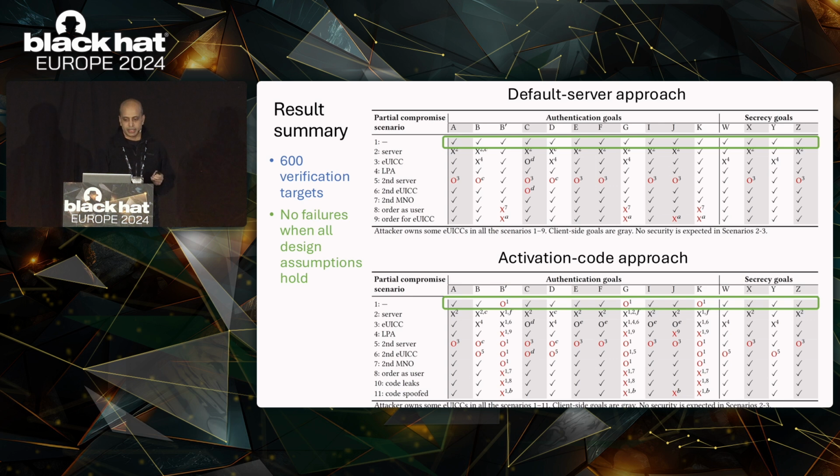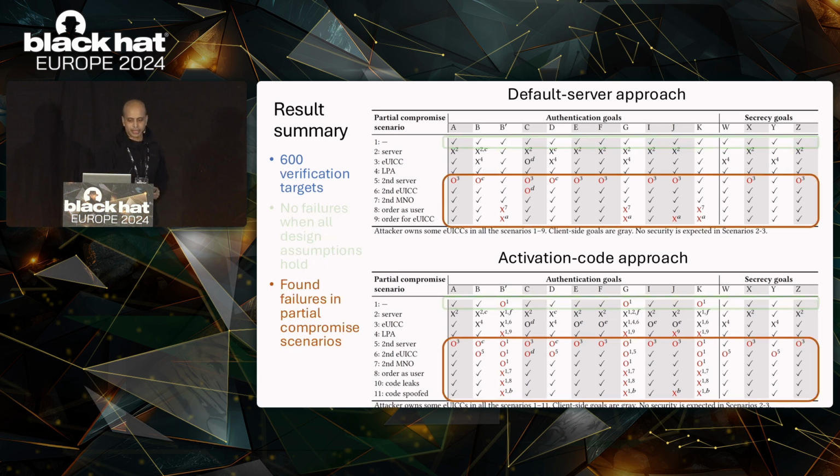That's an important verification outcome, and that's reassuring. But if we go one step down, when we start compromising parts of the participants or the outsiders, we found failures. In the next part of the presentation, we are going to talk about those failures and vulnerabilities.